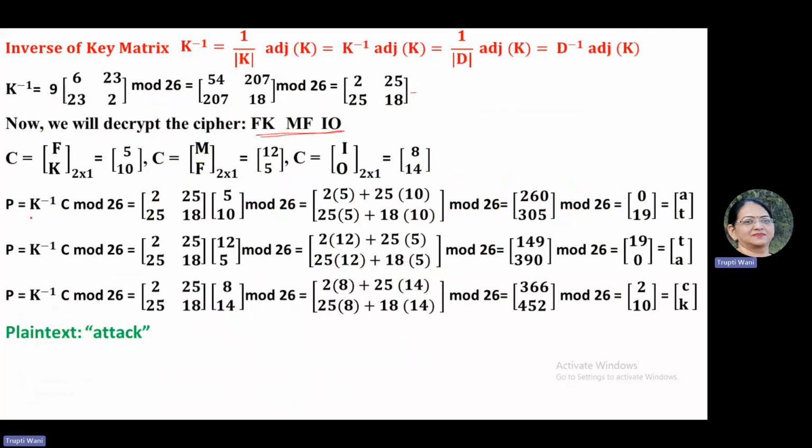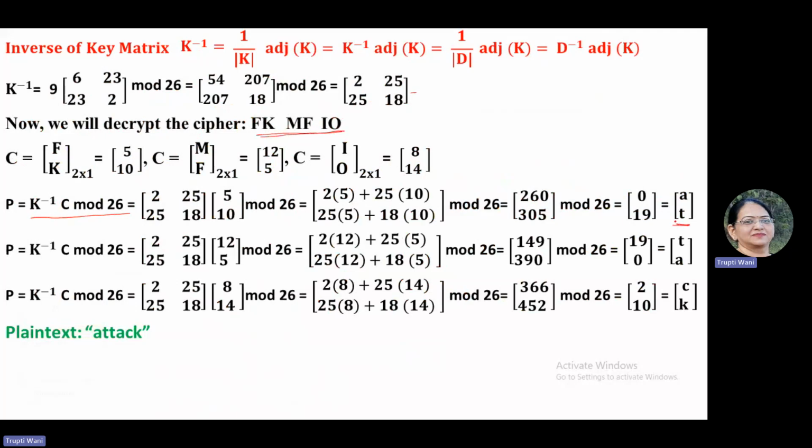Now P equals K inverse into C mod 26. Take this K inverse, 2, 25, 25, 18, into 5 and 10, this FK. So 5 and 10 mod 26. Do the multiplication and then mod 26, and we will get back A and T.